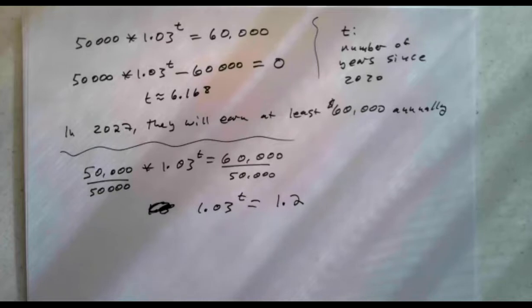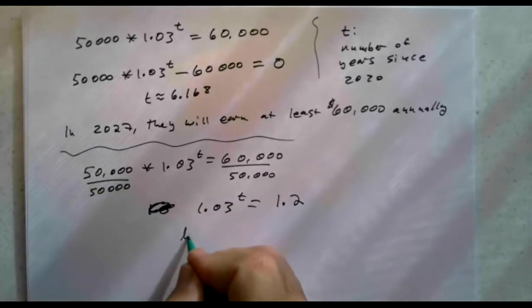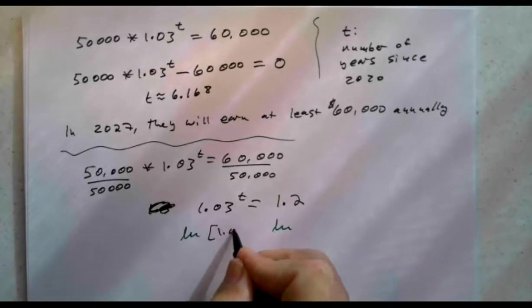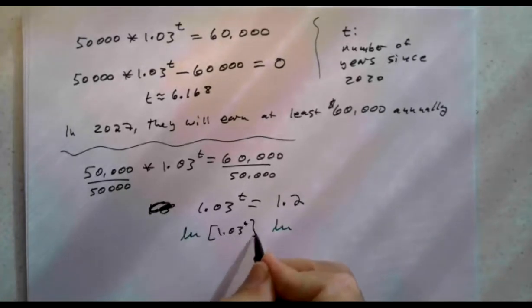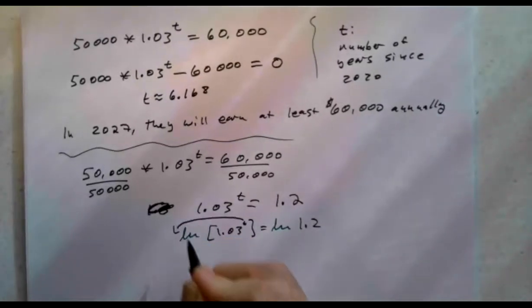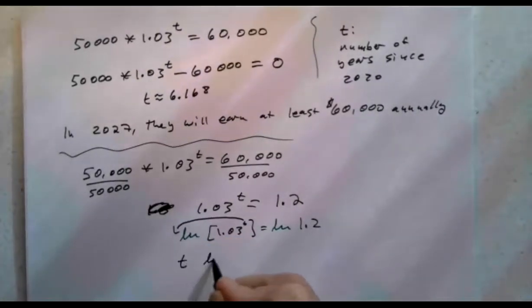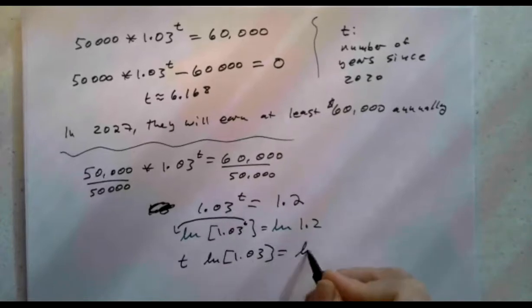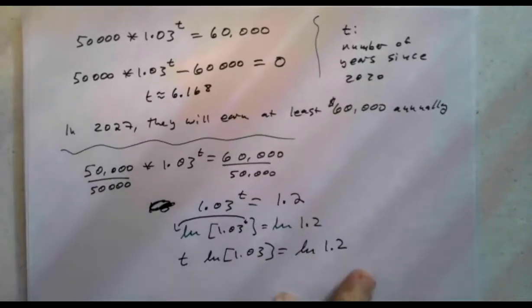And then what? Well, we can take the natural log of both sides. Natural log of the left, natural log of the right. Natural log of 1.03 to the t equals natural log 1.2. And we can pull the t down in front. And we get t times natural log 1.03 equals natural log 1.2.